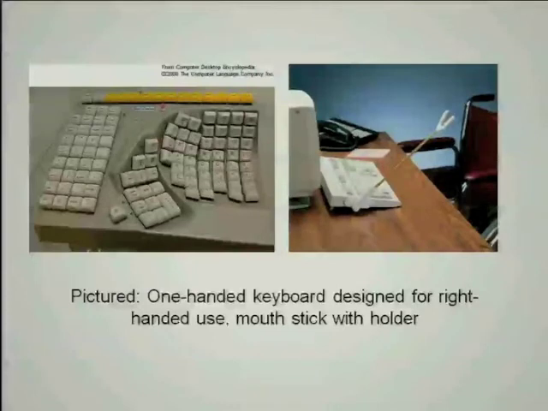But there are quite a few devices that can help people with these various disabilities to actually interact with the computer. Pictured here, we have a one-handed keyboard designed so that someone who is either entirely missing or just missing the use of their left hand or left arm to be able to use all the features of a regular keyboard.